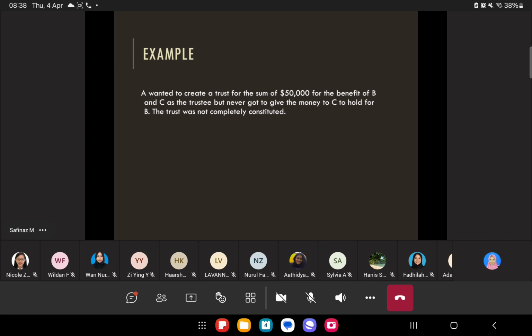Amanah itu tidak lengkap. Jadi beneficiary tersebut tak boleh kuatkuasakan amanah. Beneficiary tersebut tak boleh insist on the trustee to enforce the trust. Okay, so itu kesan dia kalau amanah itu tidak lengkap.